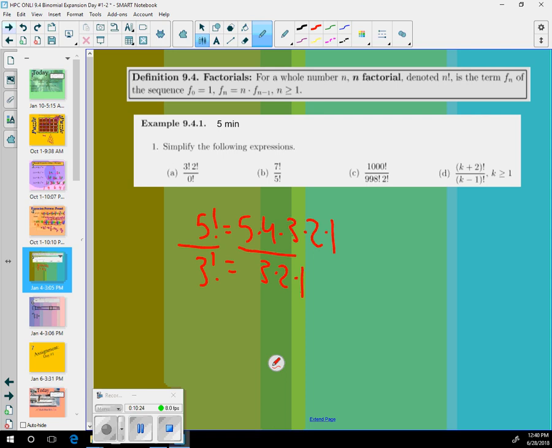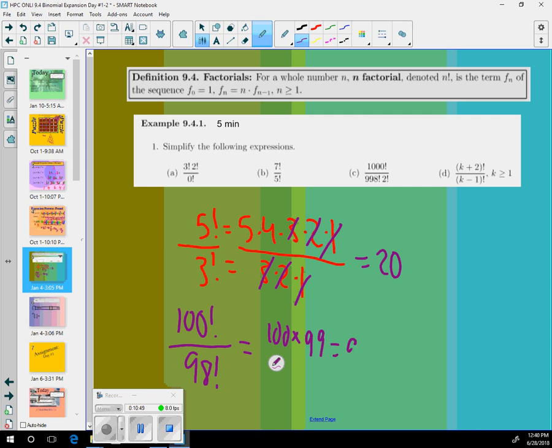If you divided these, you can see that these will cancel, leaving you with 20. So if I had 100 factorial over 98 factorial, you can kind of see that the 98, 97, all those are going to cancel out. You'll get 100 times 99, which will be 9900.